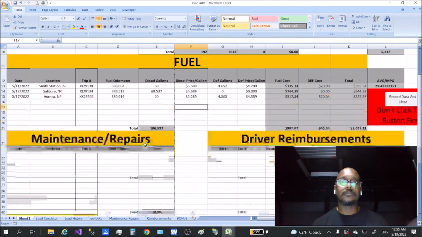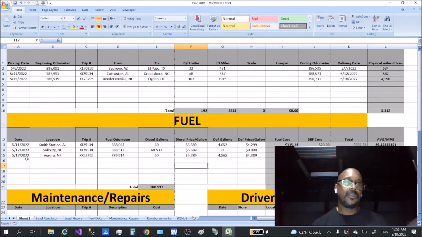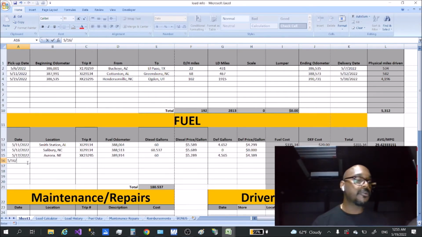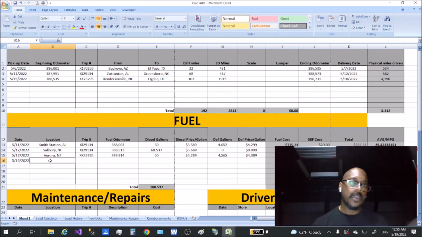All right. And for the other fuel stop, the 16th. They don't really have to be in order. This one is not in order. I actually filled up here first.